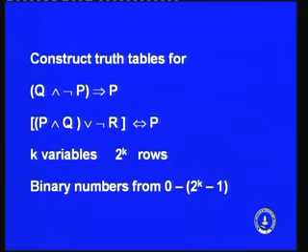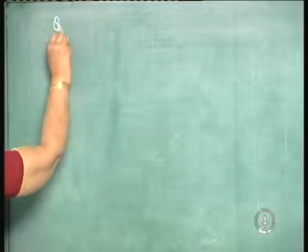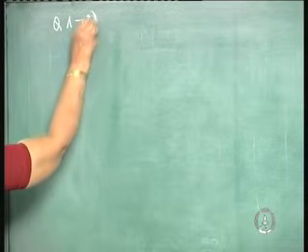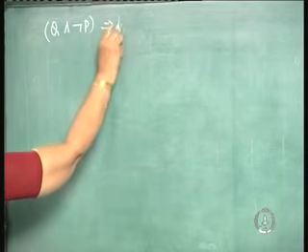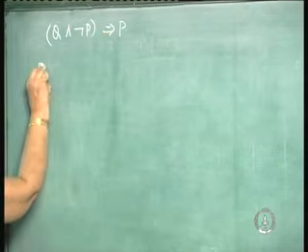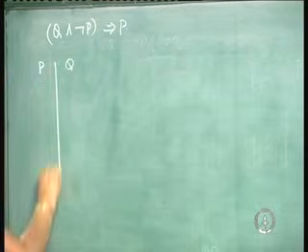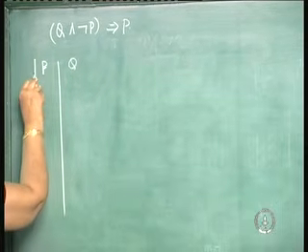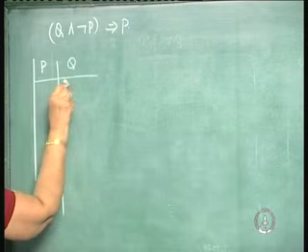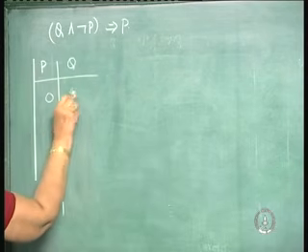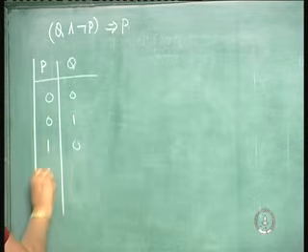Now, let us draw the truth tables for these two expressions. Q and not P implies P. There are two variables P and Q, so there will be two columns for them, and you will give the values 0 0, 0 1, 1 0, 1 1 for them.